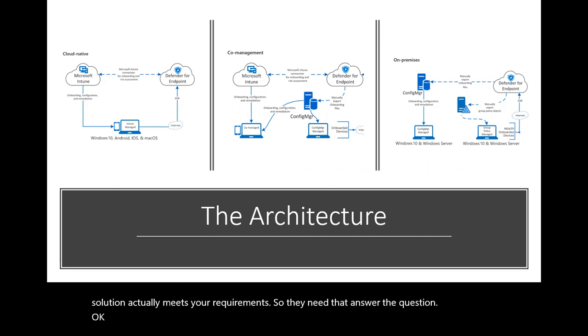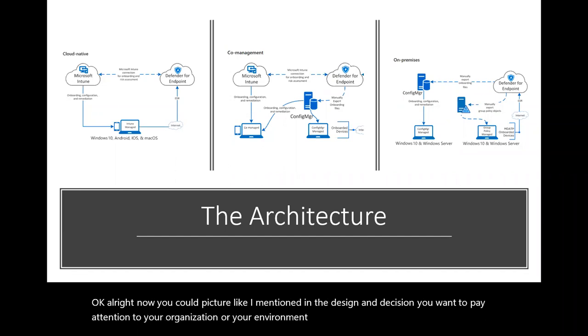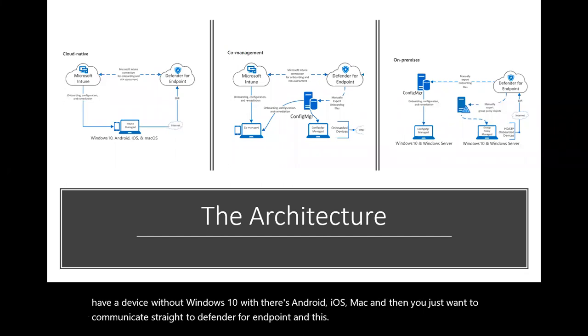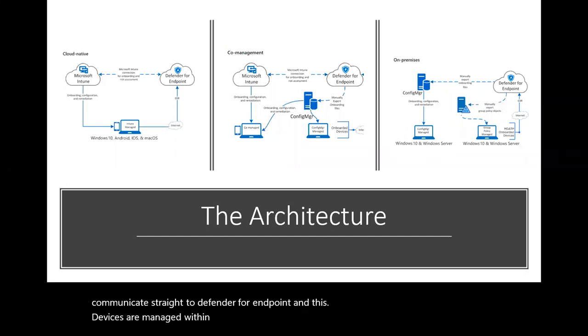Now, the architecture, like I mentioned, in the design and decision, you want to pay attention to your organization or your environment. The typical cloud native way is you have a device, whether it's Windows 10, Android, iOS, or Mac, and you just want to communicate straight to Defender for Endpoint. And these devices are managed with Intune. Remember, Microsoft's own device management solution is Intune.